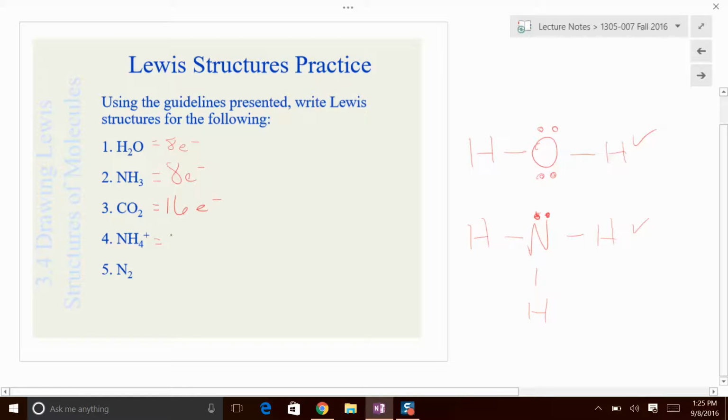NH4. How many electrons do you need on NH4? Nitrogen has 5 plus 4 electrons is what? 9. But there's a positive charge, which means I do what? Take away 1 electron. Subtract, so I need 8 electrons.